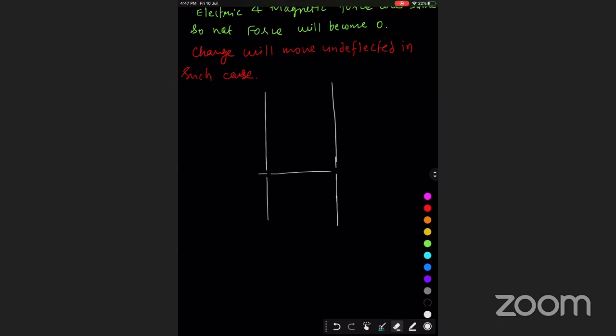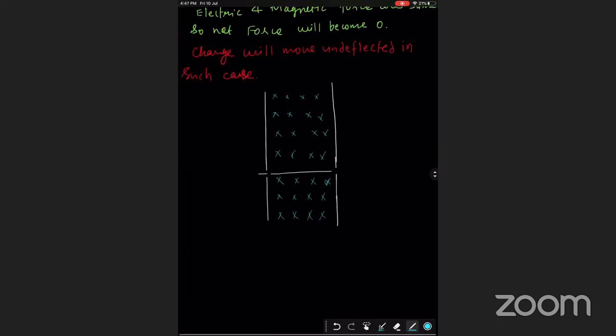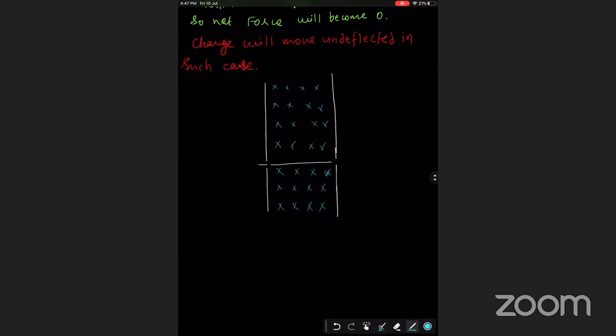We have a uniform inward magnetic field, into the page, in this portion, and we are going to throw a charged particle from this side. We'll throw a positively charged particle.